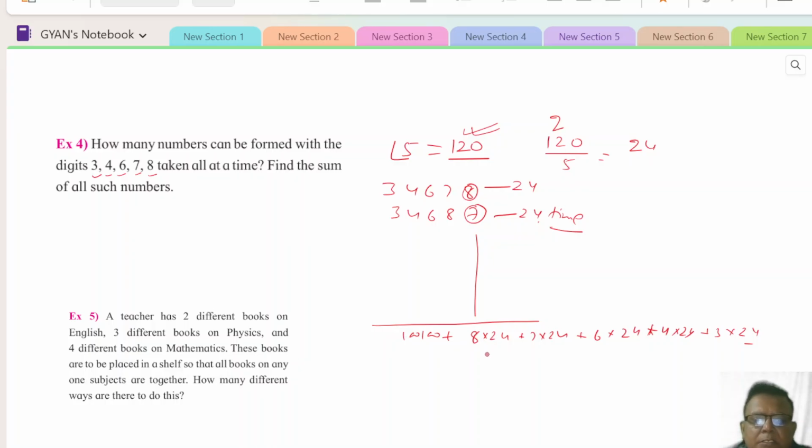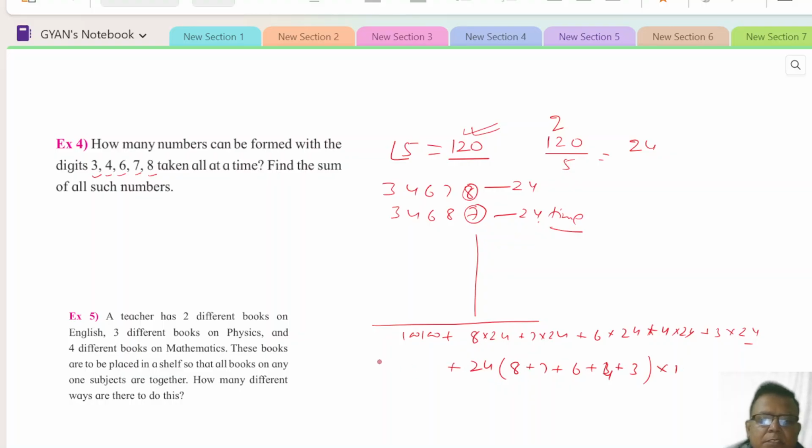So here you can write 24 into (8 plus 7 plus 6 plus 4 plus 3) into 1.